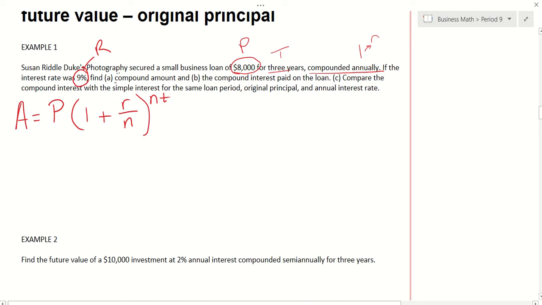What would that look like in this case? Our P is 8,000. 1 plus our rate is 0.09, 9% converted to a decimal. Our N is 1 this time, because it's only compounded annually. Up here, our N is 1, and our T is 3 years.